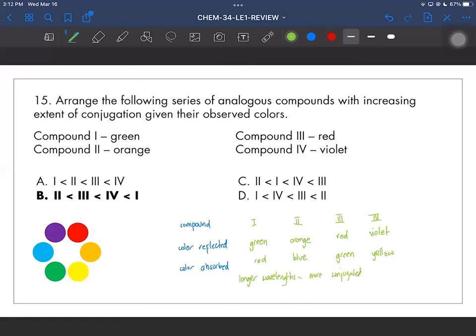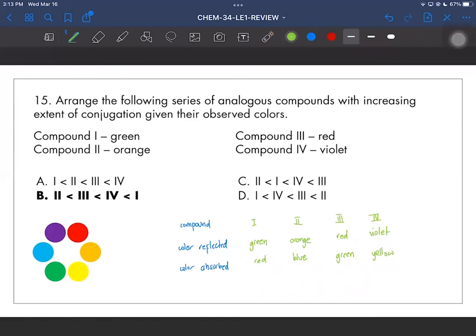Meanwhile, shorter wavelengths are less conjugated. So it's a matter of arranging these four. The shortest wavelength would be the least conjugated, and the longest wavelength would be the most conjugated.